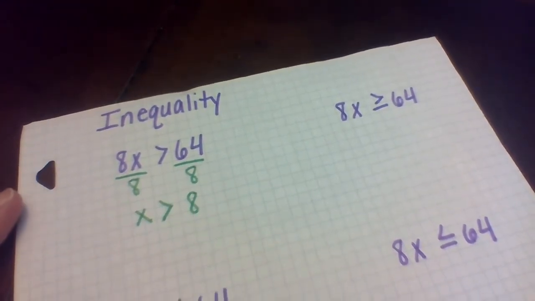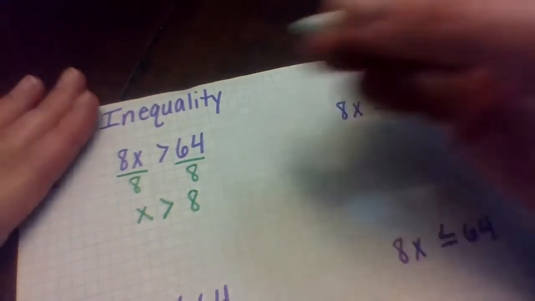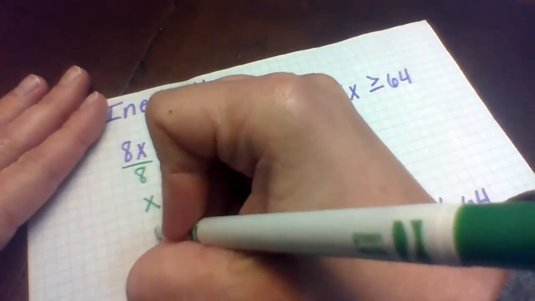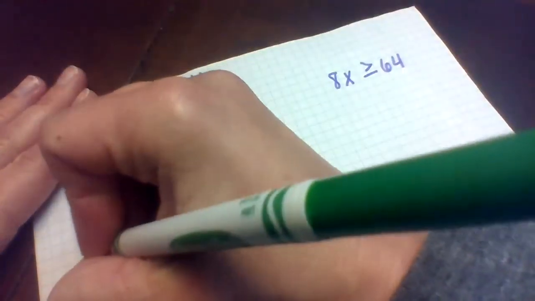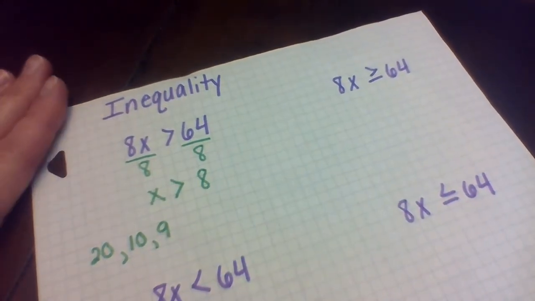So when x is greater than 8, then that means x could equal things like 9 or 10 or 20, because all of those numbers are greater than 8.